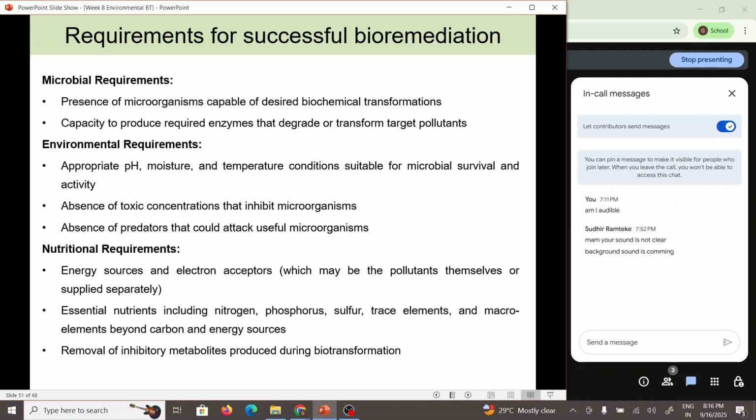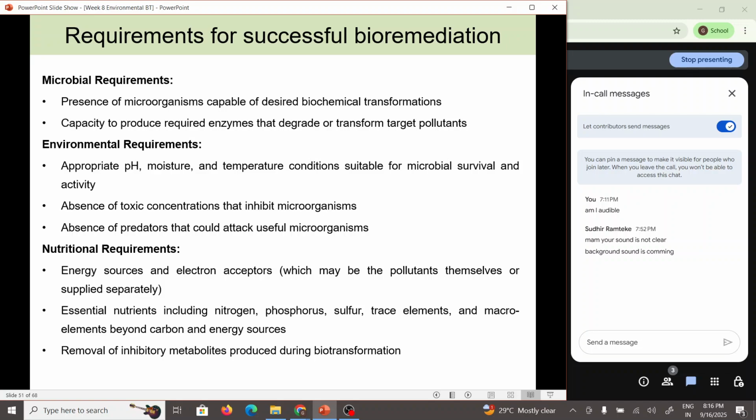All this depends on the metabolic capability or potential of the microorganisms. Hence, the first requirement is the presence of suitable microorganisms capable of performing the biochemical reactions. And the second is the capacity to produce the required enzymes that degrade or transform the target pollutant. This is all about the microbial requirements.